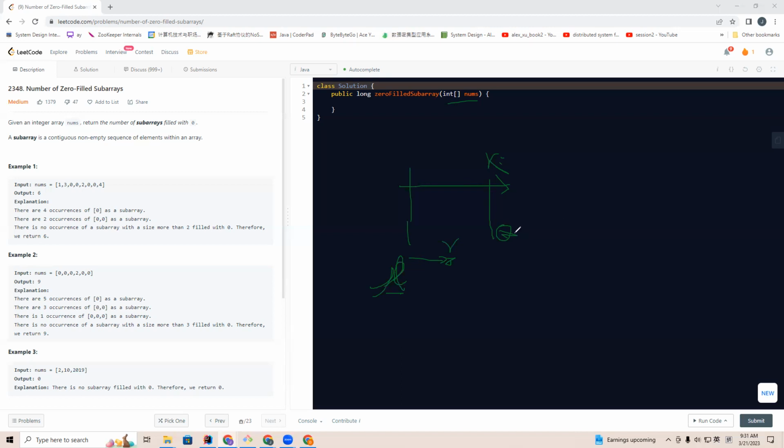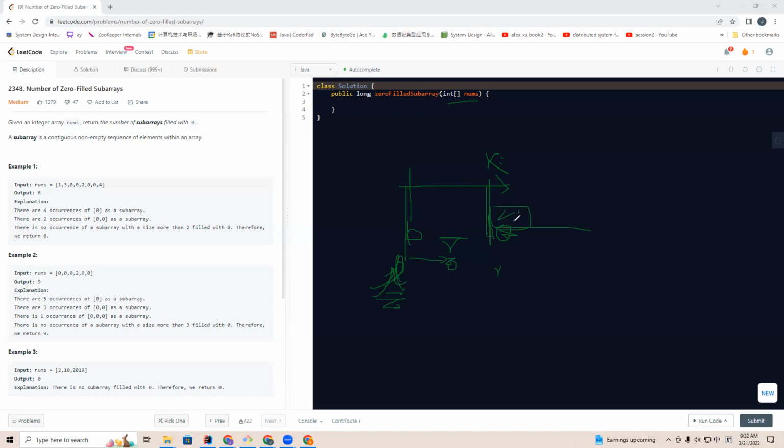If this is not a 0, for example, we have put the left at the 0, right? And if the right is not 0, what we'll do is check whether the left is 0 or not. If on the right it is not 0, that means we finish the 0 range.